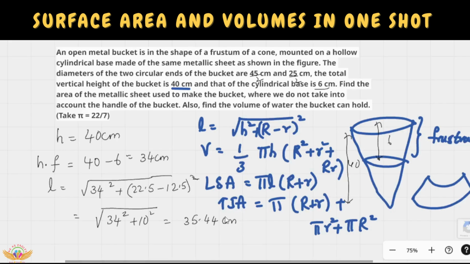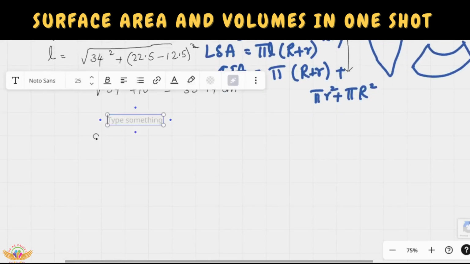Coming to the metal sheet used. They are telling that the metal sheet used will be equal to the curved surface area of the frustum of the cone. Let me write it to avoid confusion.